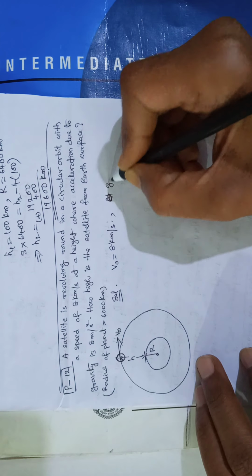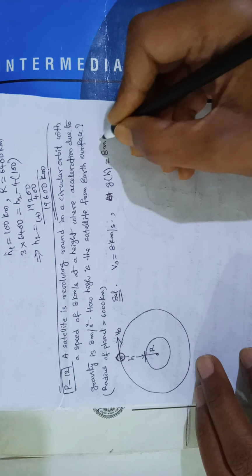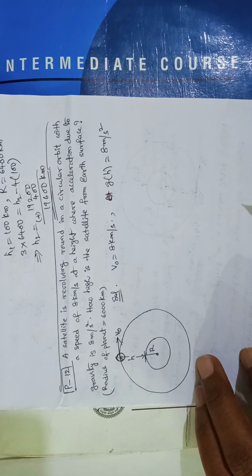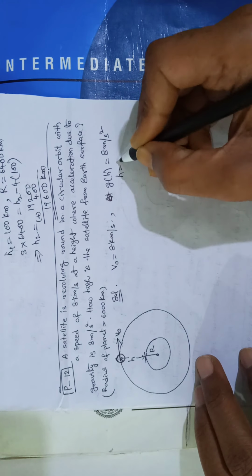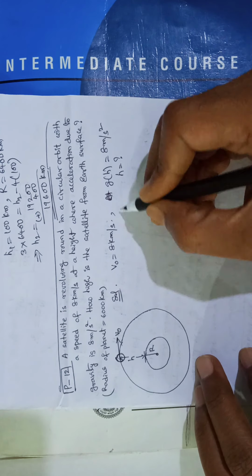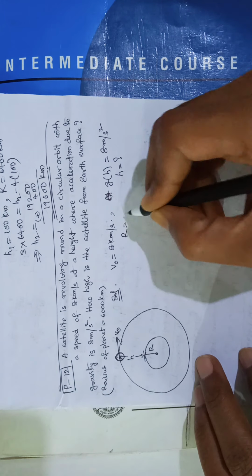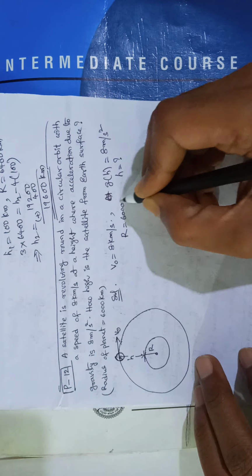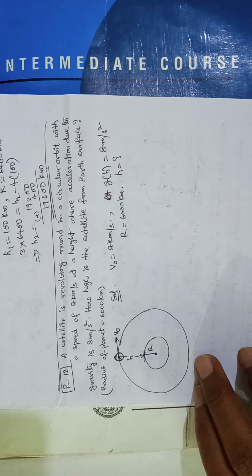That means g of h is 8 meter per second square. How high is the satellite from Earth's surface? Height is asked, and the radius of the planet, that is capital R, is given. So the H value is asked.